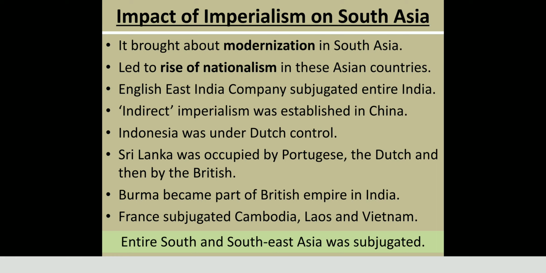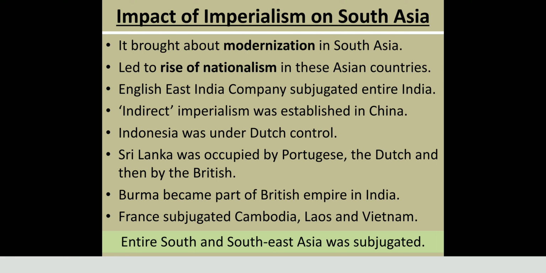Then second, it led to the rise of nationalism. When these imperialist nations came here and exploited the nations, people eventually, as a reaction, realized that these people are exploiting us. So they became united, forgetting their own internal differences. They united as a reaction against imperialism and stood against them.